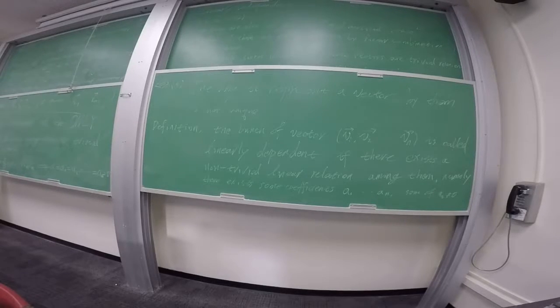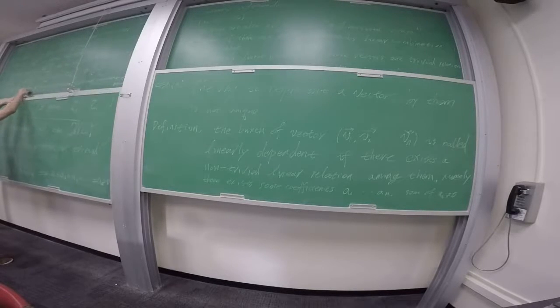Okay, so actually, question? Maybe I'm reading it wrong, but doesn't 3 contradict 2? Because you say that any of the vectors in V1 to Vm cannot be written as a combination of others within the set.